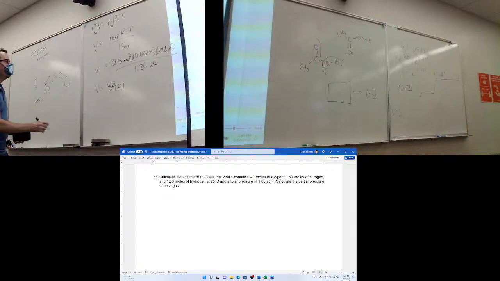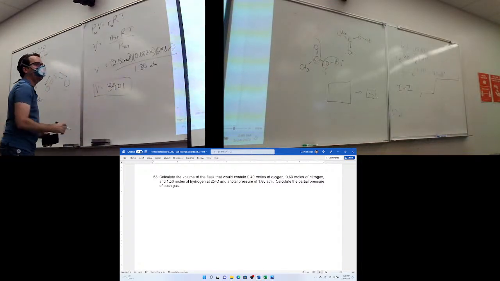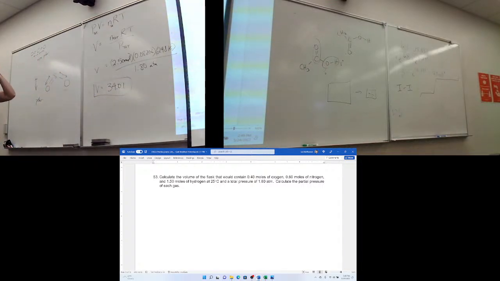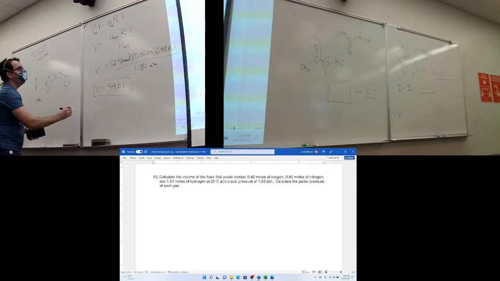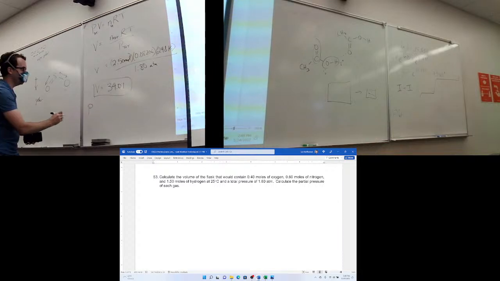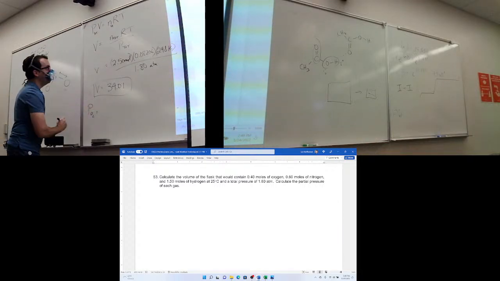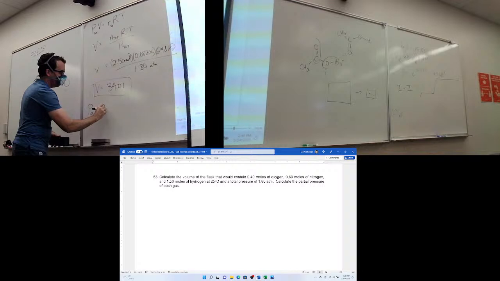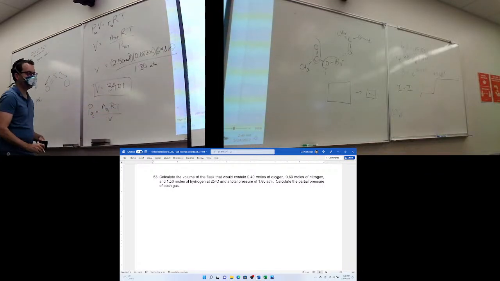Now, you can do the second part any way. There's 2 ways to do it. You can find the partial pressure of oxygen by using the number of moles of oxygen and then RT over V. That's one way to do it.